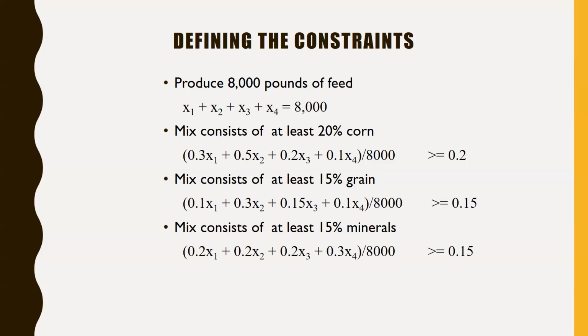And this is the at least mineral constraint. For each component, we have the minimum percent of grain and percent of minerals. Also X1, X2, X3, X4 should not be negative, that is, they should be 0 or greater than 0.